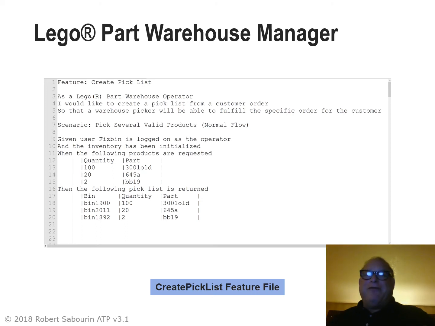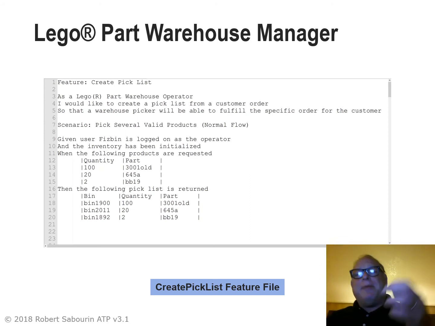Then we have a variable outcome. Then the following pick list is returned, and you have a list of what bin the product is in, how many are in that bin, and what's the part number. Given, when, then. Gherkin describes an acceptance criterion. So for each acceptance criterion, we can describe it gracefully with a Gherkin script.